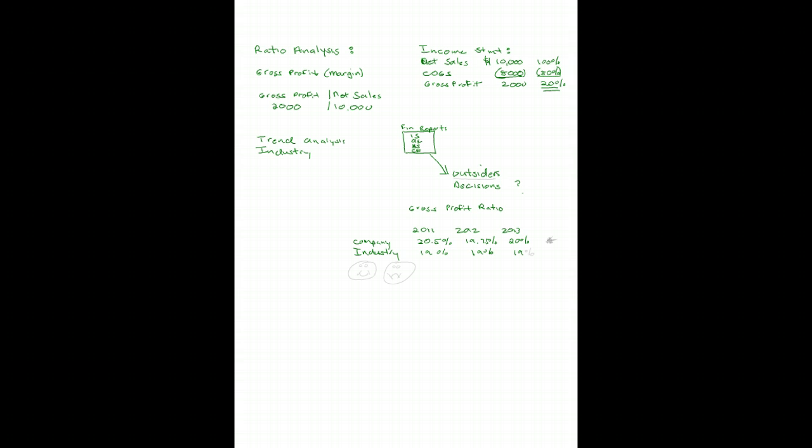How do we compare to the industry? Well, we consistently have a higher gross profit than the rest of our industry does. And what that says is we're generating slightly more money off of every sales dollar to cover our remaining expenses. In this case, you would say we were outperforming the industry for every year examined. That would be positive information.